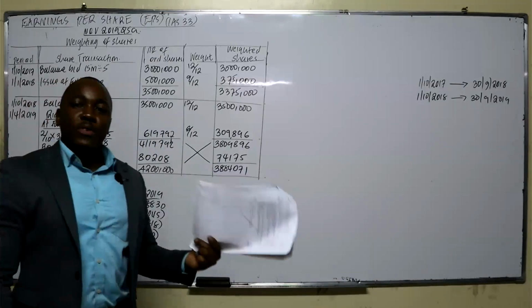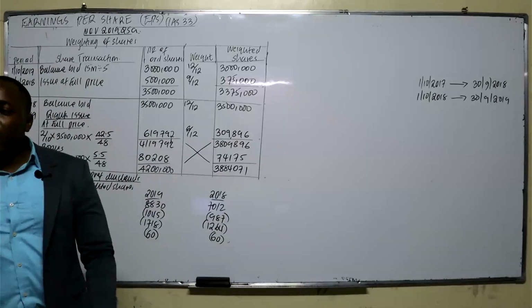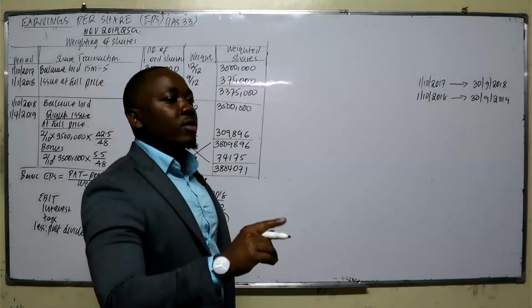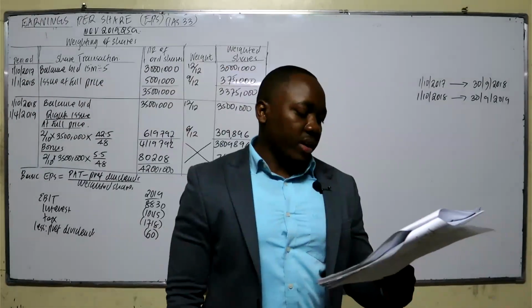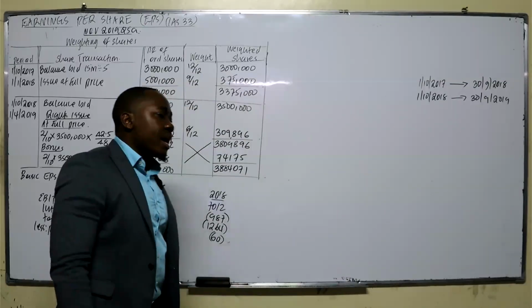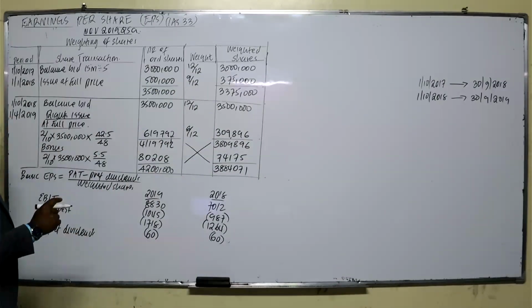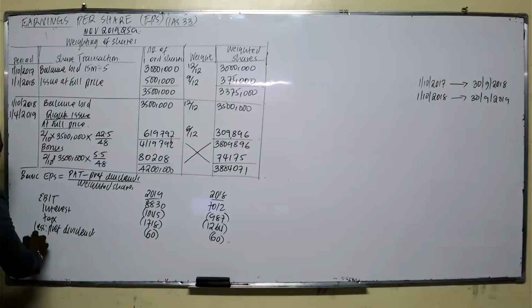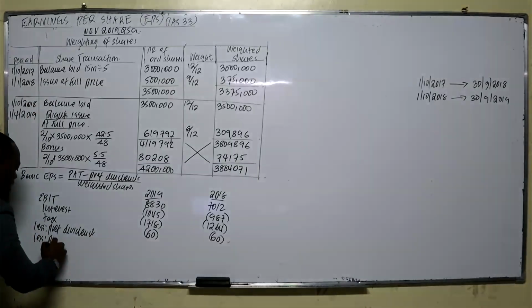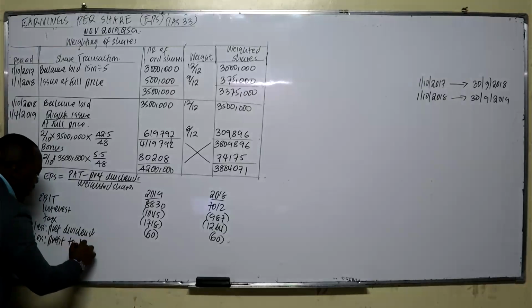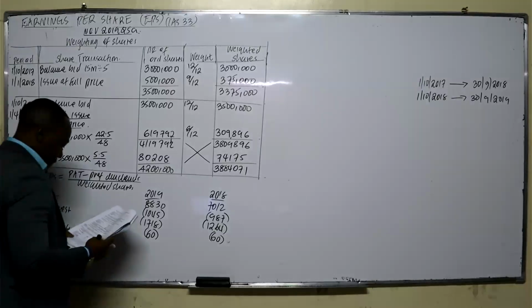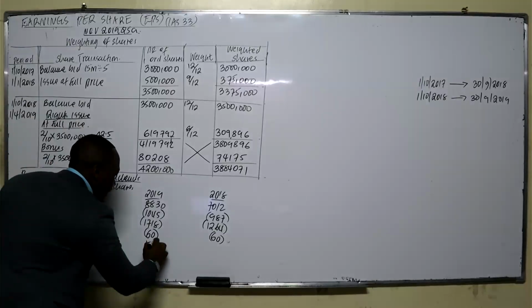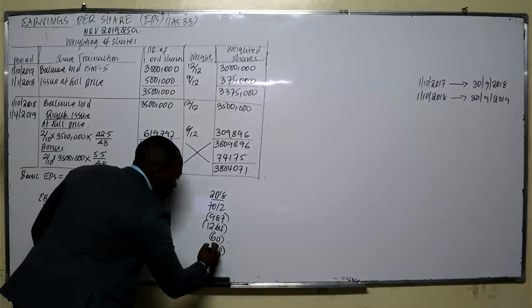But this is a group of companies. So being a group of companies, there is amount attributable to non-controlling interest, and that's what you're given. Profit attributable to NCI, so that we get the earnings now attributable to the ordinary shareholders of the parent company. Profit to NCI, 180, 160.